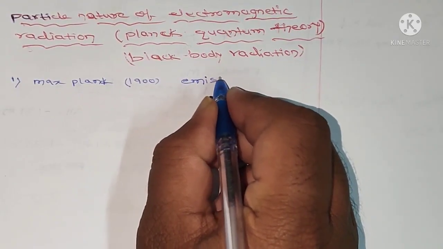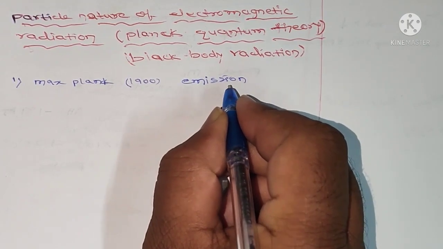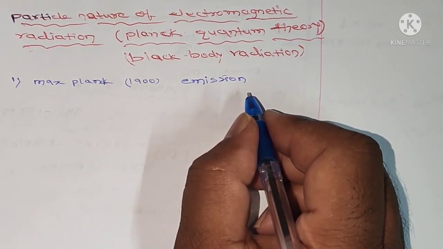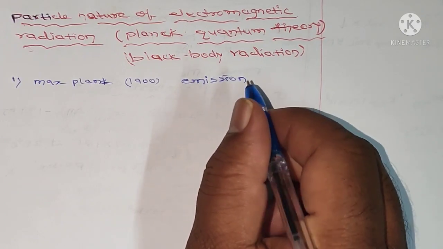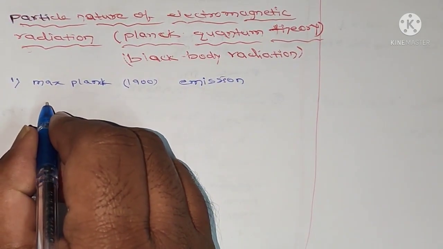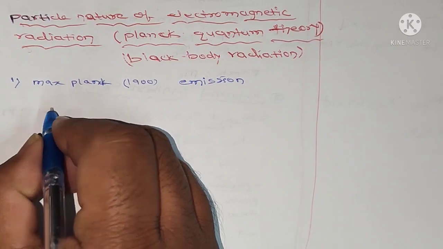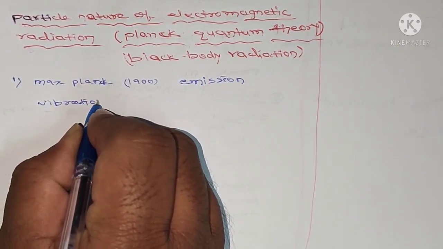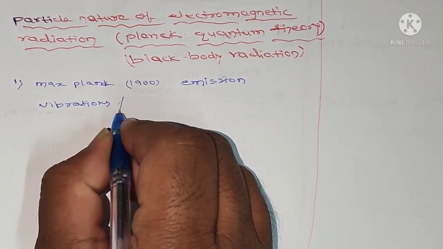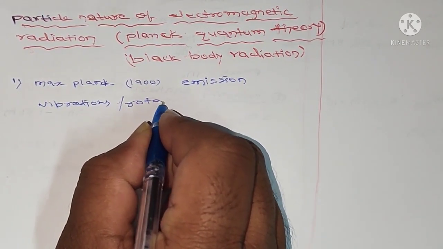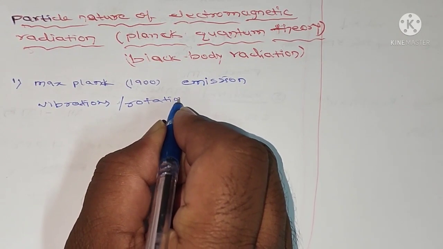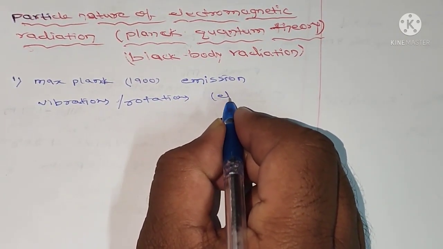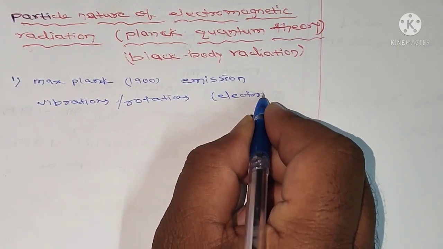The emission of radiation is due to vibrations or rotations of charged particles, electrons.